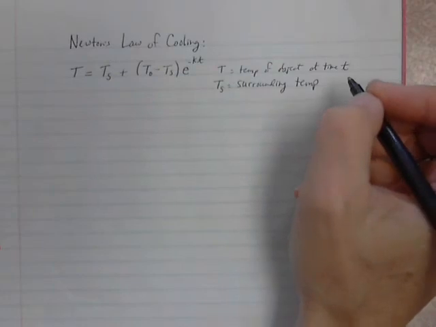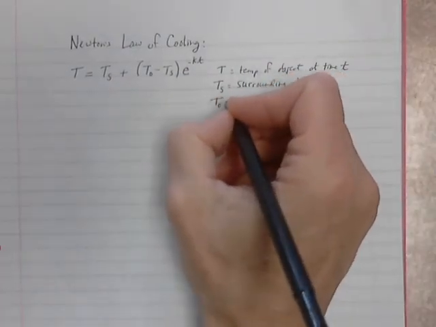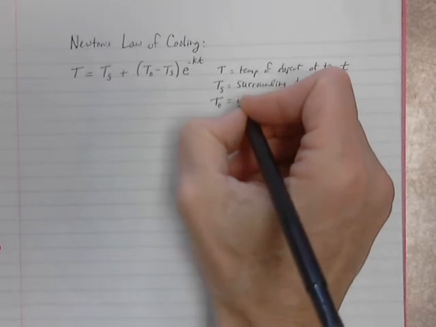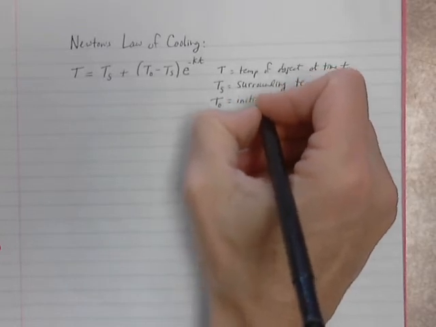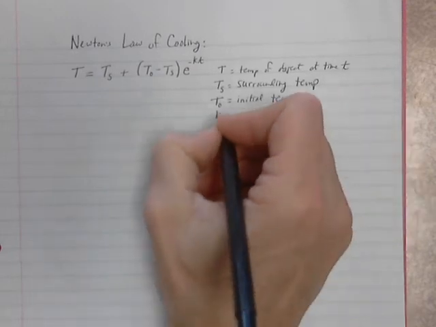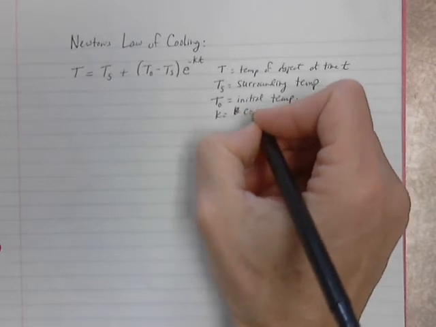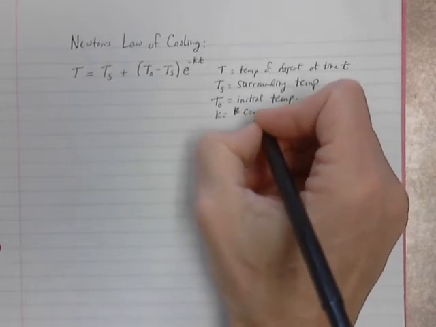Then it's the water temperature. T sub 0 or T naught is the initial temperature. And k is a constant that you usually solve for before you go any further.